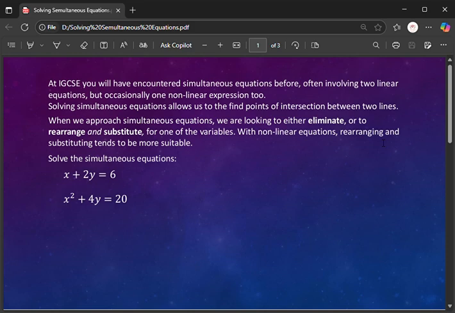9709 is the paper code, and today we are going to look at solving simultaneous equations. The main topic is quadratics. We started by factorizing, completing squares, the quadratic formula, and now we are going to look at solving simultaneous equations.